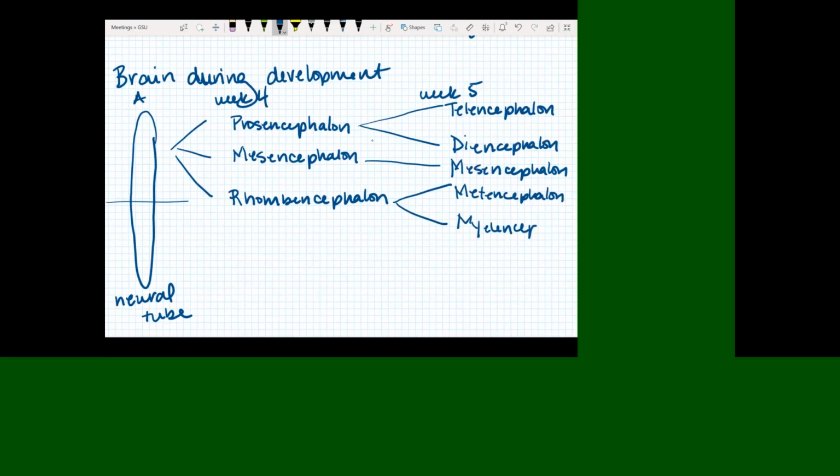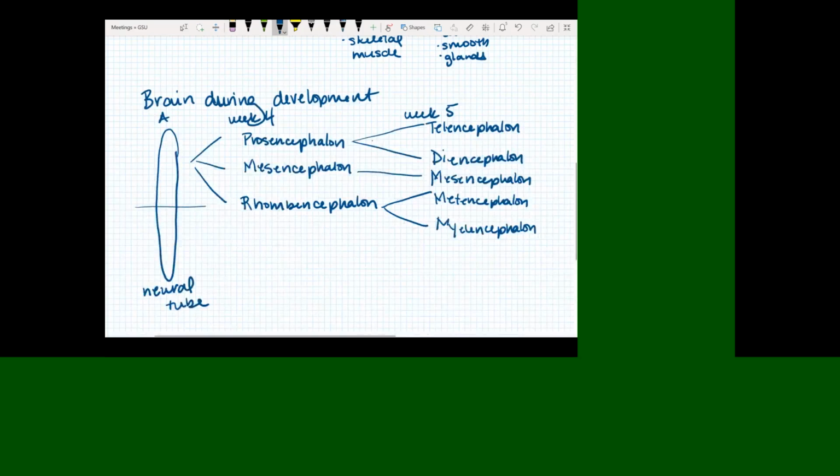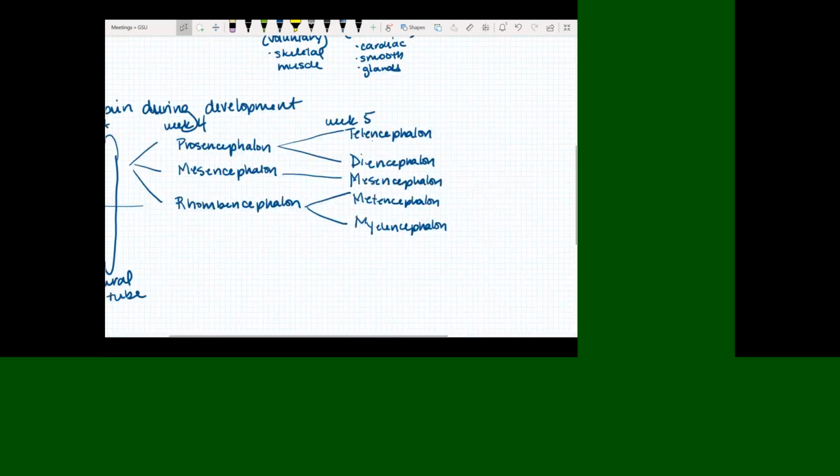So these are the branches of your neural tube during development that will again eventually lead into certain structures. So in our mature brain, your telencephalon will become our cortex, which we're going to talk about. Your diencephalon will become the thalamus and the hypothalamus, but then also the retina. So that's where your eyes will come from. Your mesencephalon will become your brainstem and your midbrain.